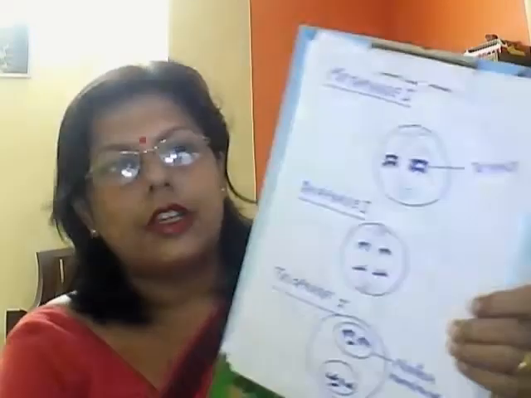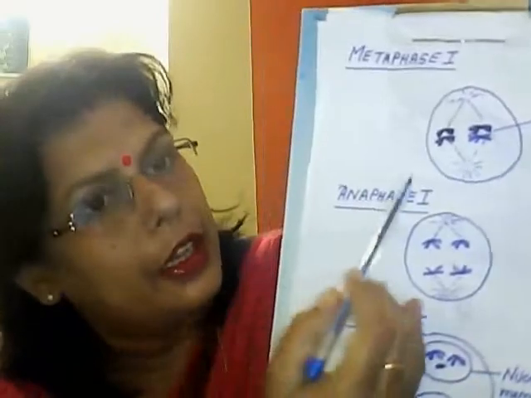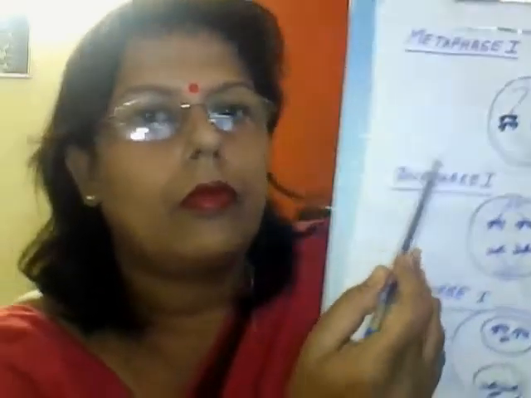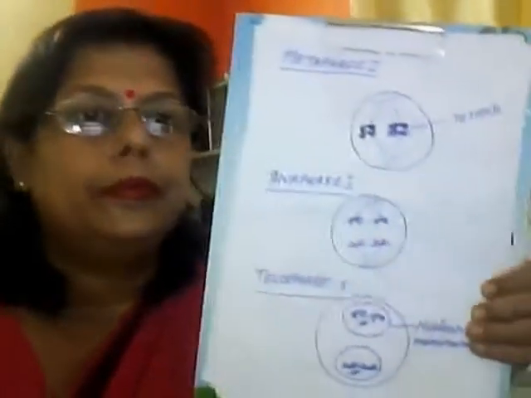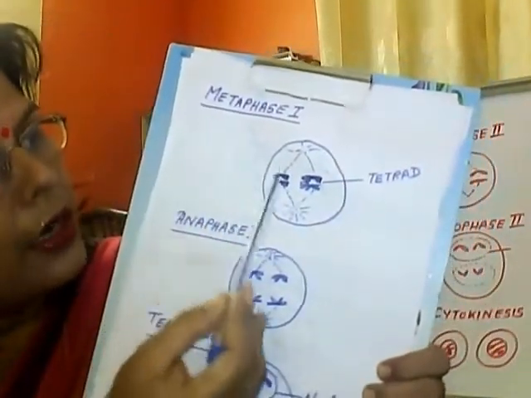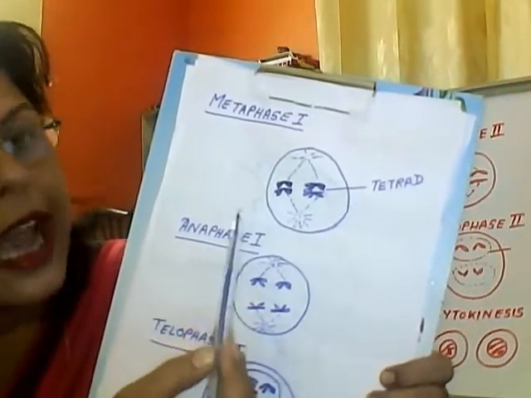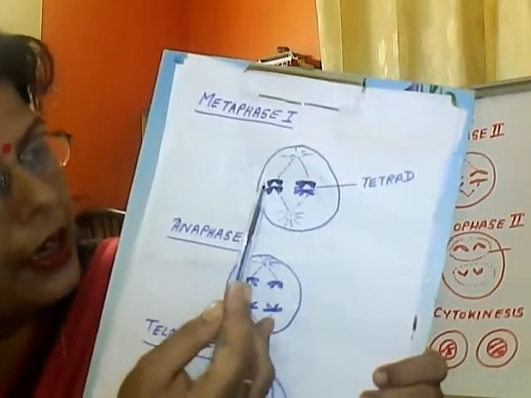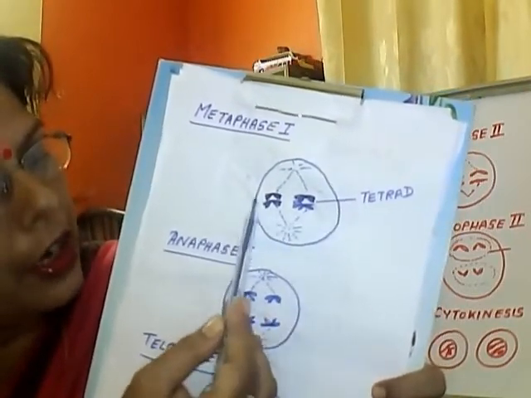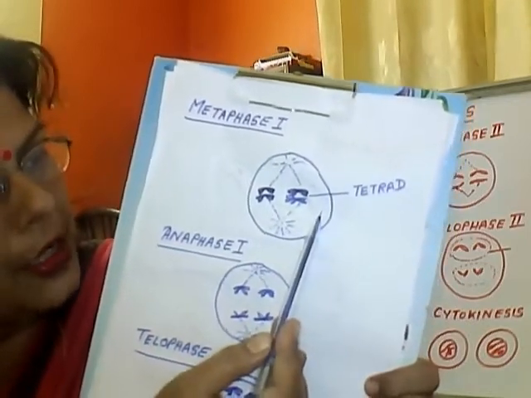Now just to explain that, the diagrams are already given. You just see here, the metaphase 1: the chromosomes which were scattered in the prophase are now arranged in the equator region of the cell, or you can say in the center of the cell.